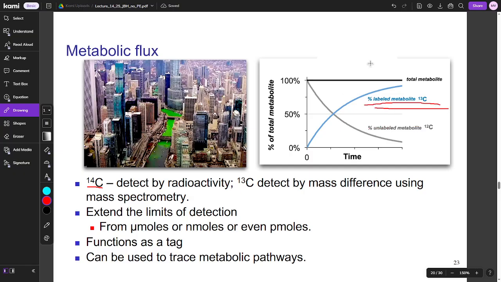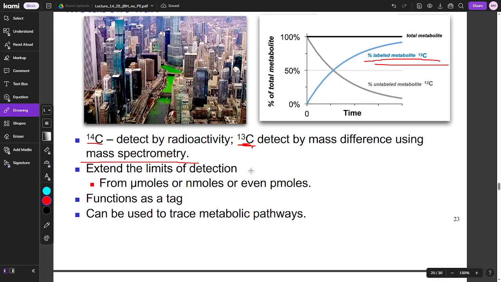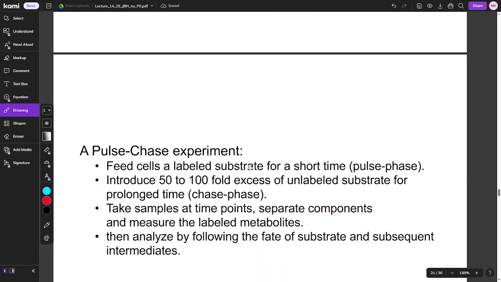There should be 100% total metabolite, so if you know how much labeled metabolite there is, you should be able to figure out how much unlabeled there is, and basically detect it using mass differences using mass spec. This C13 adds an extra atomic mass number on top of the molecule, and that is detectable using different techniques that I don't think are that important. So move on.